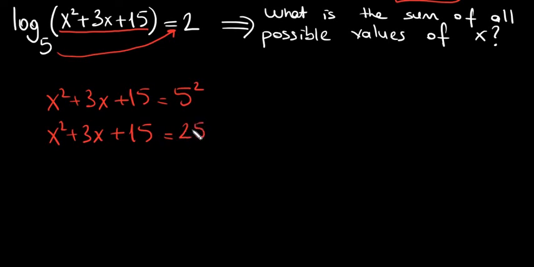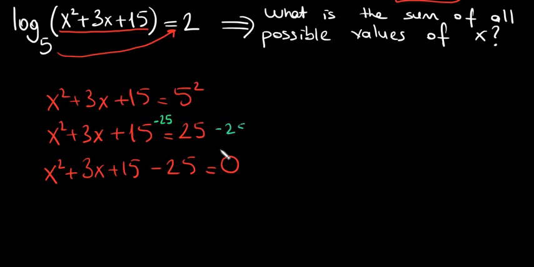And I can subtract 25 from both sides. So when I subtract 25 from both sides, I'm going to get x squared plus 3x plus 15 minus 25 is going to be 0. Because I'm going to subtract 25 from this side and also from this side, right?